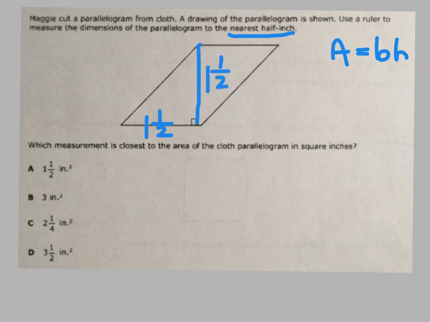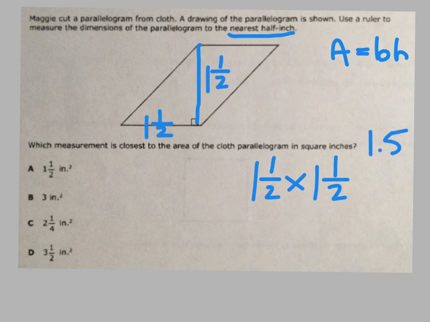In fact, I found that when I measured the height, it was a little bit more than 1 1/4, almost 1 3/8, which would put it closer to 1.5 than to 1. So if the base is 1.5 and the height is 1.5, then multiplying the base times the height, 1.5 times 1.5, would give me the area. I can now change these to decimals, 1.5 times 1.5, and multiply that way.